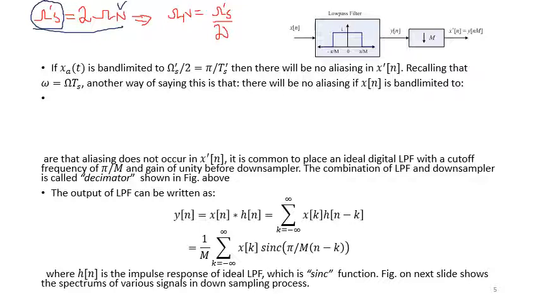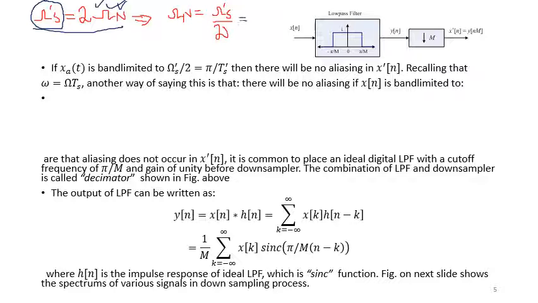If it is equal to 2 times this, that means there will be no aliasing, because according to the Nyquist criteria, twice the maximum frequency contained in a signal should be equal to or less than the sampling frequency. So if the sampling frequency represented by omega s prime satisfies this condition, then we can say that the maximum frequency omega n equals omega s prime by 2.